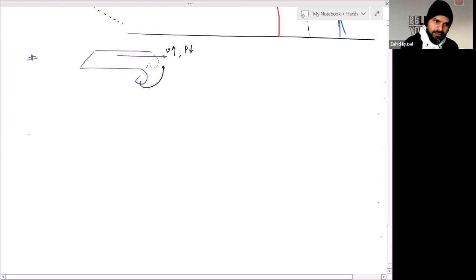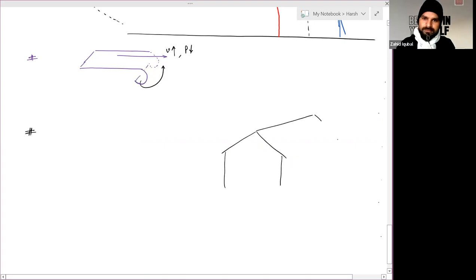Similarly, there will be a question. Suppose there is a hut and we have to calculate in a storm.